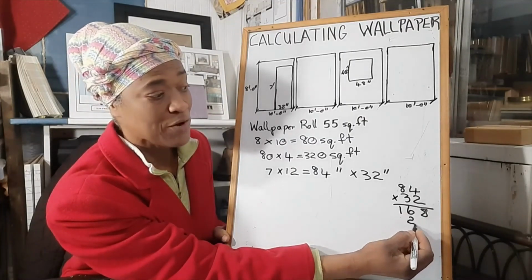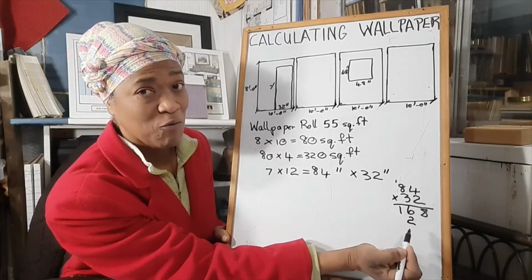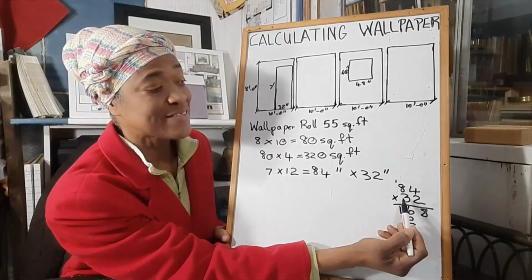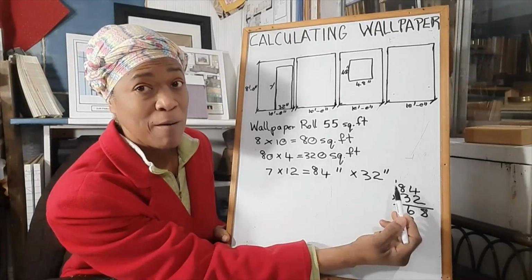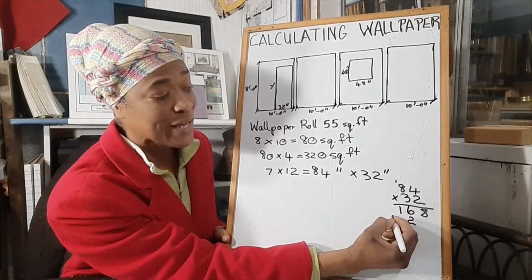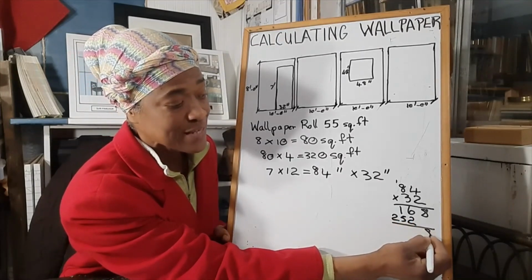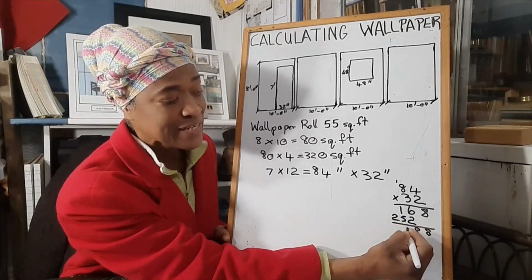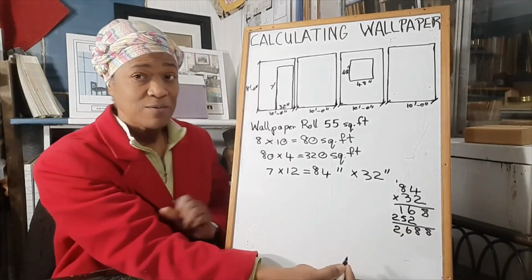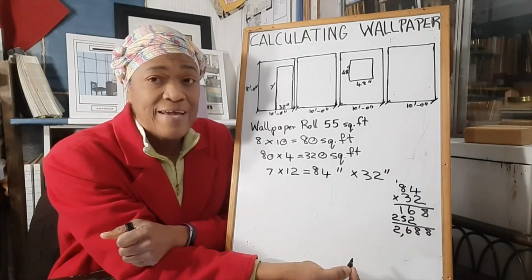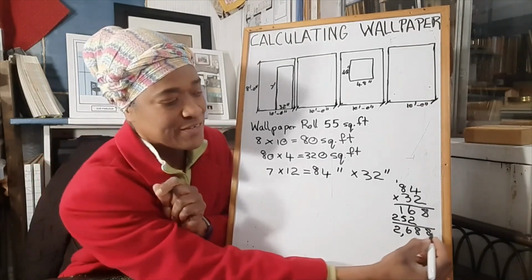Put the 2 under here and carry the 1 over here because that's the tens. And 3 8s are 24 plus 1, 25. So that's 2,688 square inches.